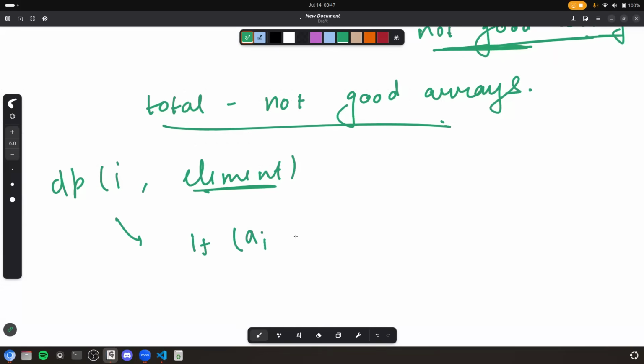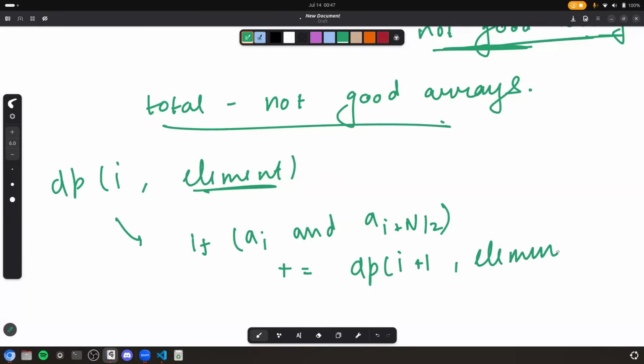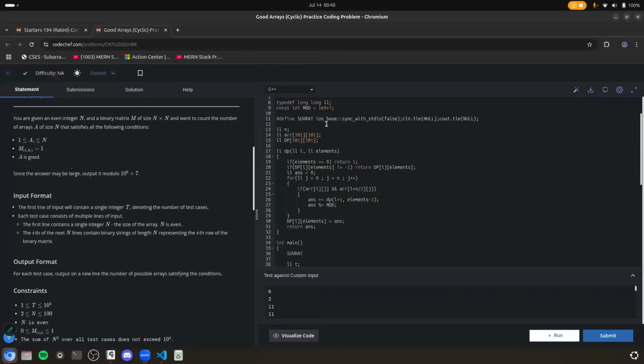If Ai and Ai plus n by 2 have the same value, then I can just add dp of i plus 1, elements minus 1. I'll explain this from the code, that would be easier.